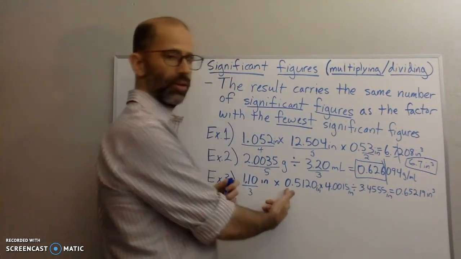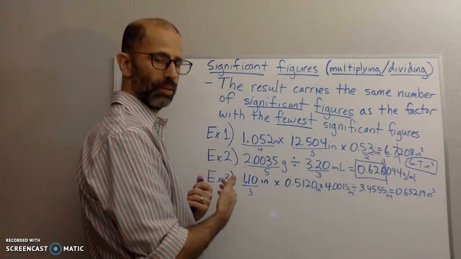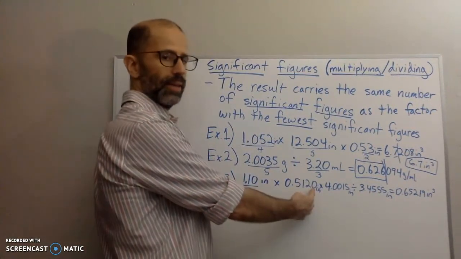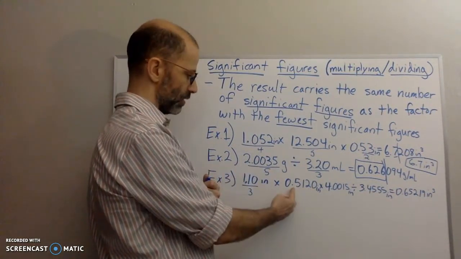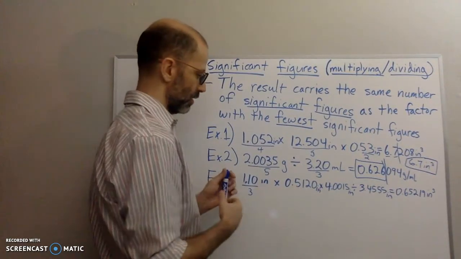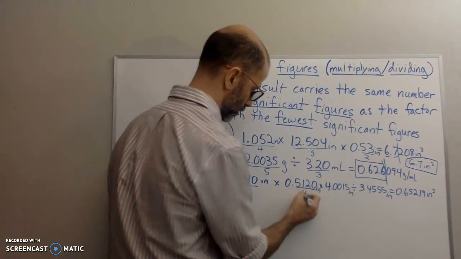This 0 is a leading 0. It's at the very front of the number. Those are never significant. But it does have a 0 at the end of the number, and there is a decimal point, so that 0 is significant. So this is going to have 4 significant figures.